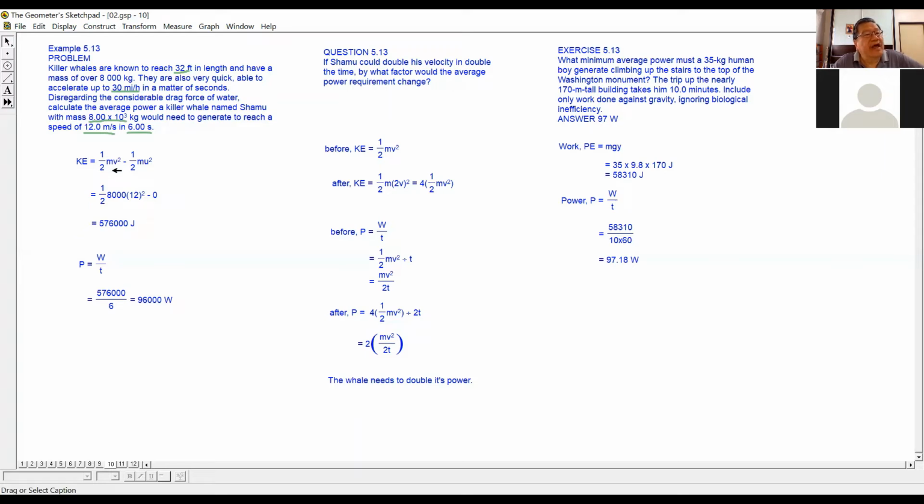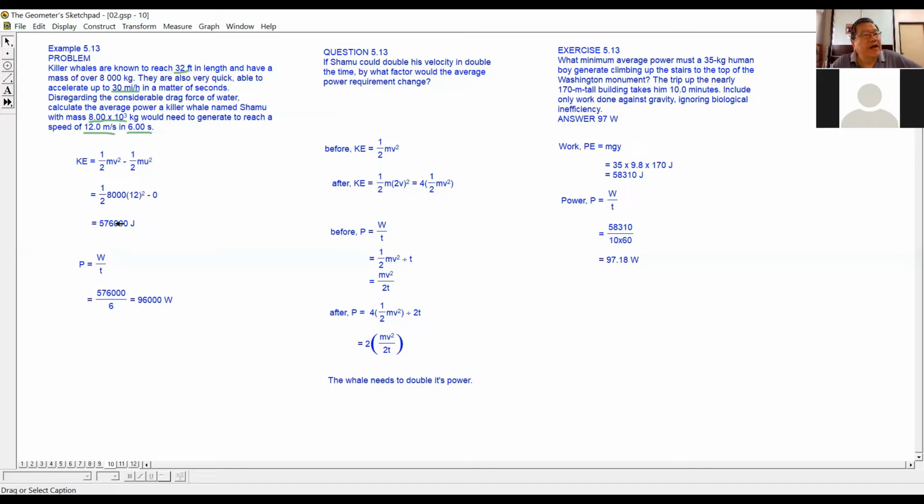Kinetic energy is half mv squared. Initially it is 0, so half times 8,000, the mass of the whale, and the velocity 12 meters per second squared. Half mv squared.